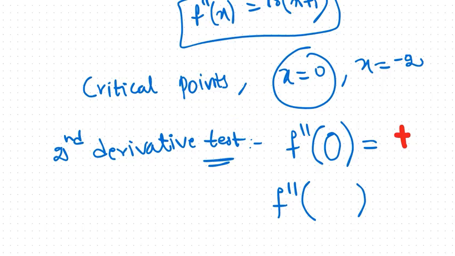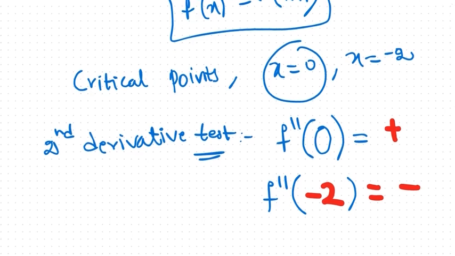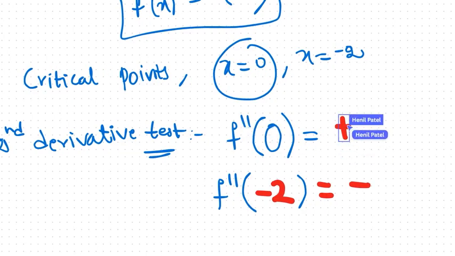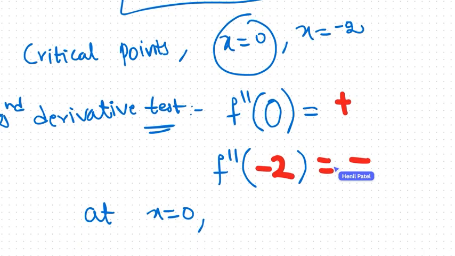Minus 2 plus 1 is minus 1. So overall the answer will be positive or negative? Negative, right? So f double dash being positive at x is equal to 0 and negative at x equals minus 2.